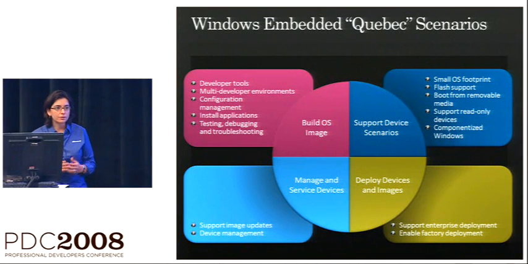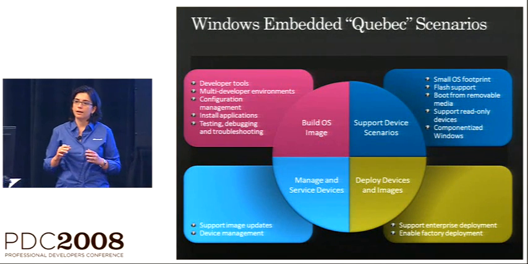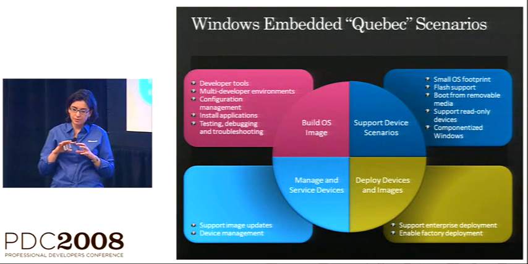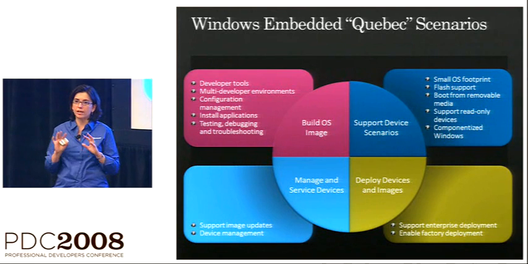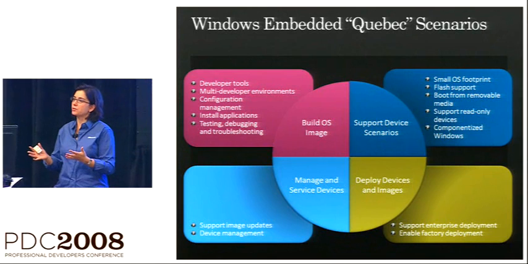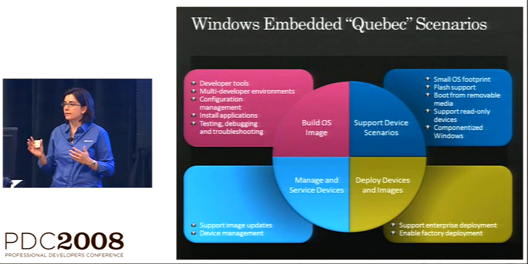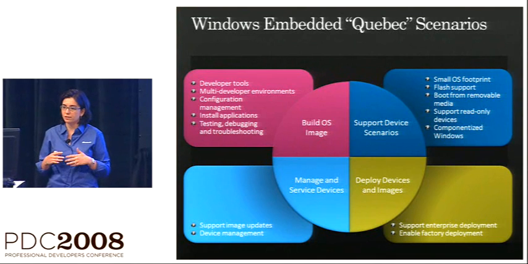Now, thirdly, after you get your device going, you need to get it out there in the field, right? So once the device is built with the applications and all the drivers and everything, you need to first get it out of your development environment into your factory, be able to manufacture thousands of it if needed, and then deploy those manufactured devices to the field.